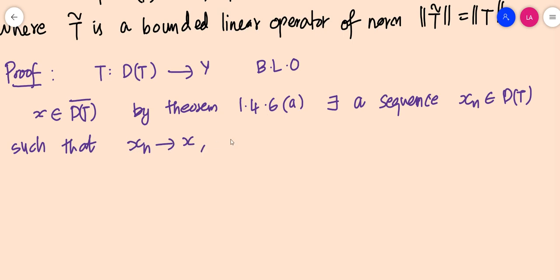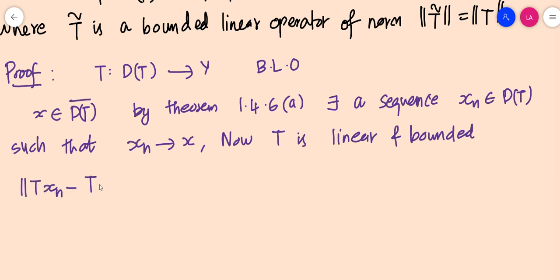Now T is linear and bounded. So norm of Txn minus Txm should be equal to, since T is linear, T of xn minus xm.